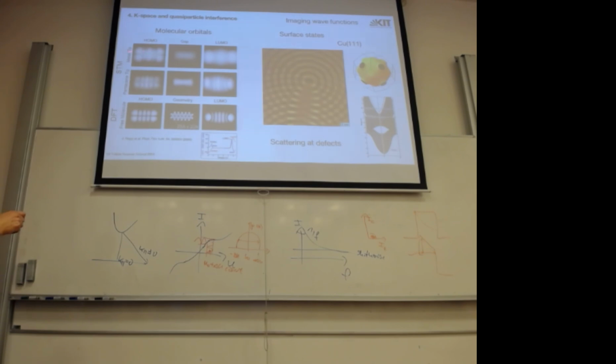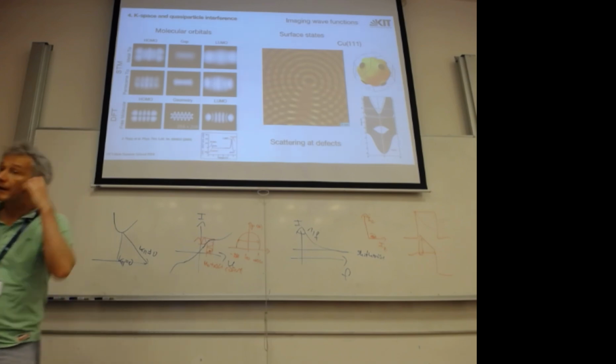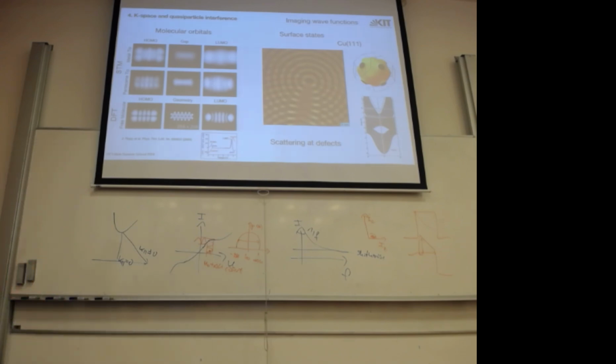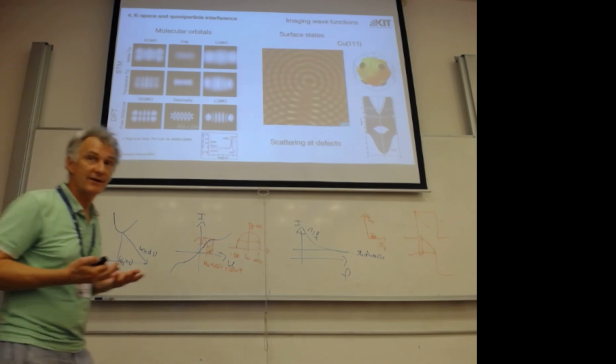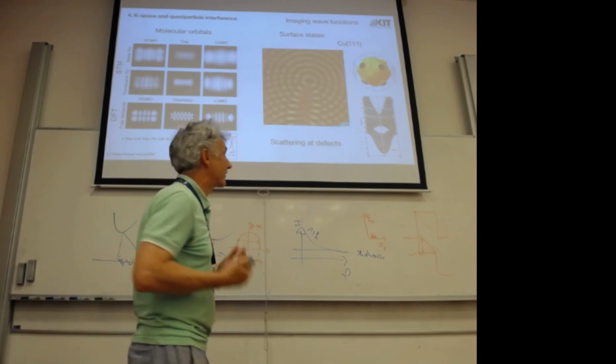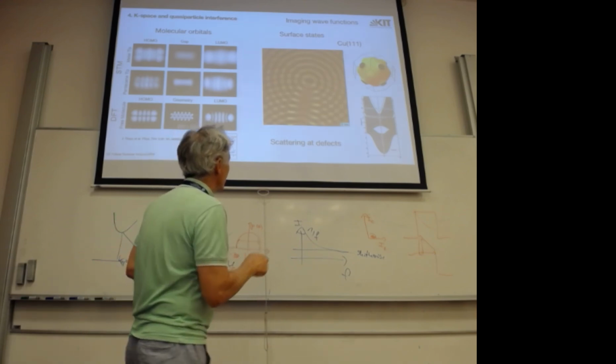And these are the STM images. This is the HOMO, this is at the gap, the LUMO, and these are the orbitals from DFT. And you see, it looks pretty good. So indeed, in the dI/dV, which is proportional to the local density of states at this energy, we can map wave functions.